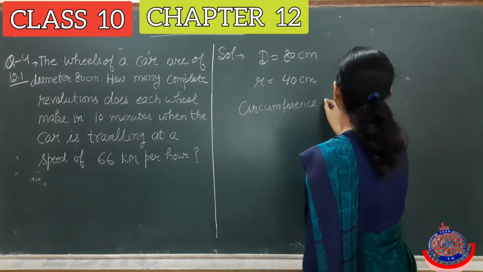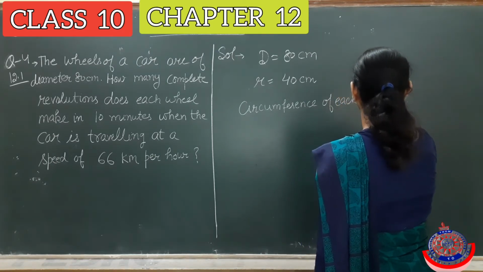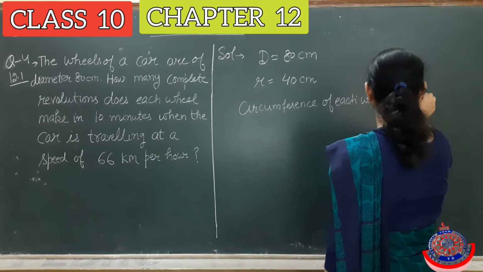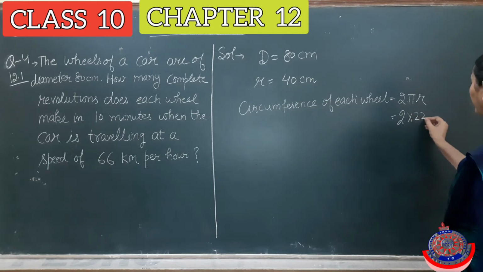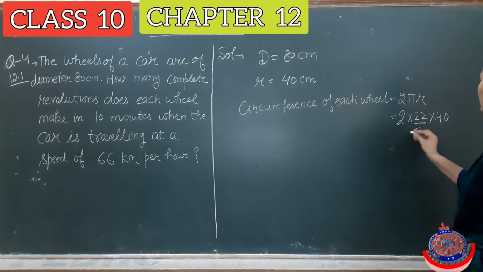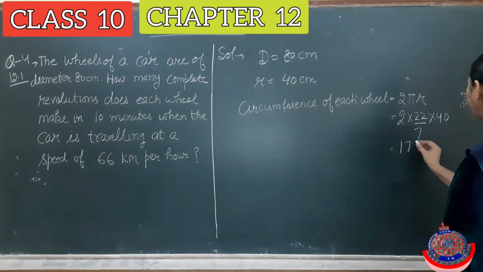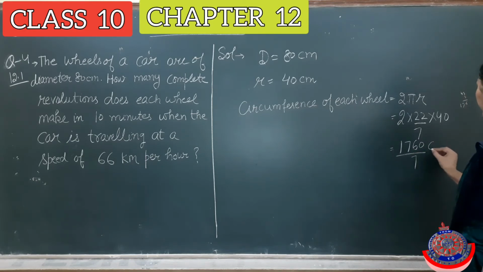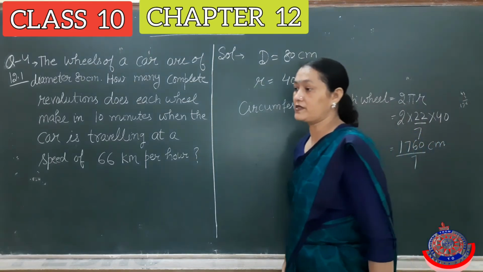Circumference of each wheel means 2 pi r. 22 by 7 and r is 40, 44 and so we will be getting 1760 upon 7 centimeter. The circumference will be in centimeters.